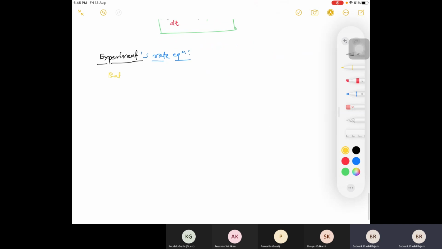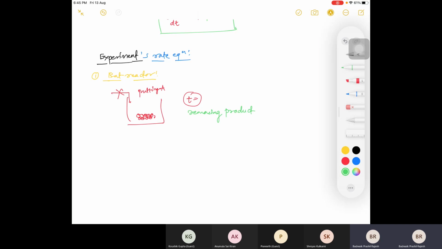Okay, so batch reactor I'm writing. This is my reactor. This is my catalyst plate. I am initially putting A into the system, this is not continuous, and after time t, I am removing the product.